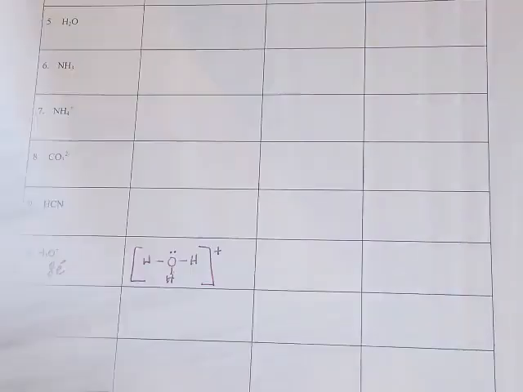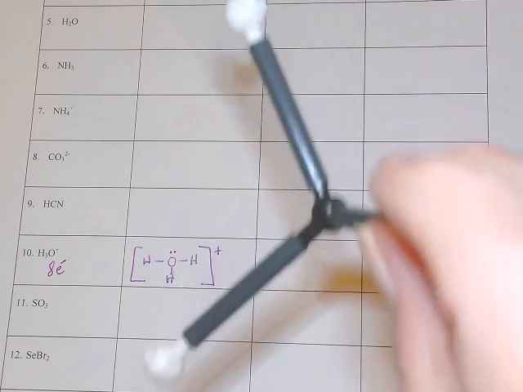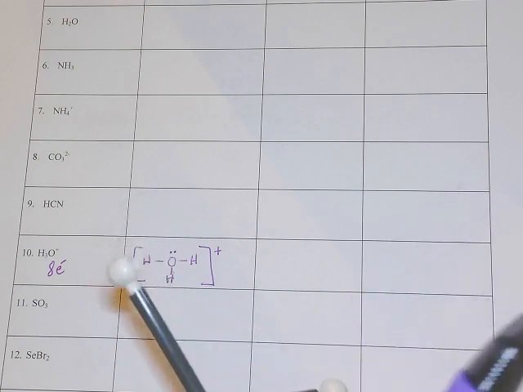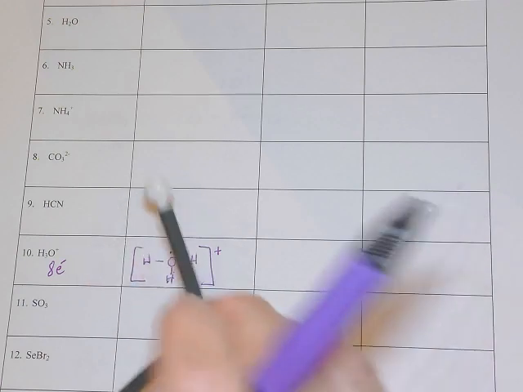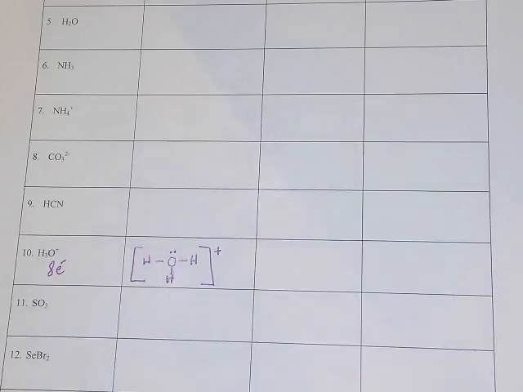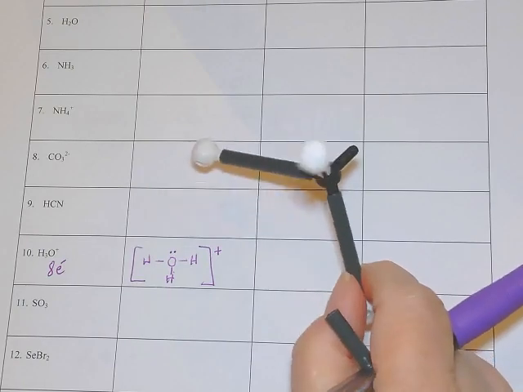Okay, so let's look at how we would build this. Now I'm going to build it with my molecular structure kit, but you're going to build it with your gumdrops and toothpicks, and eventually you'll build it with your virtual program online. So if I picked out 4 bonding sites and had only 3 bonds on them.